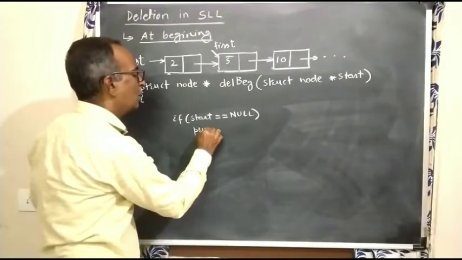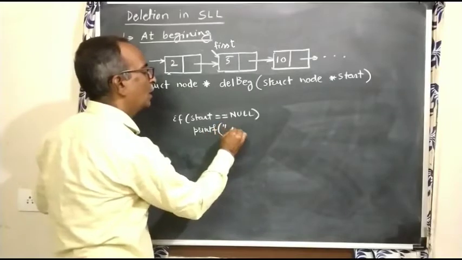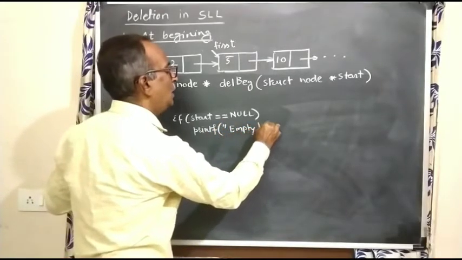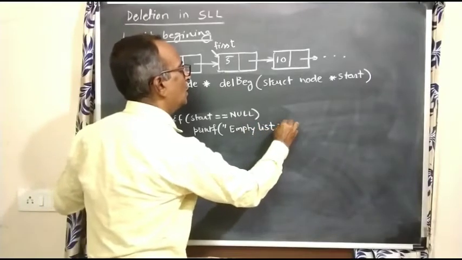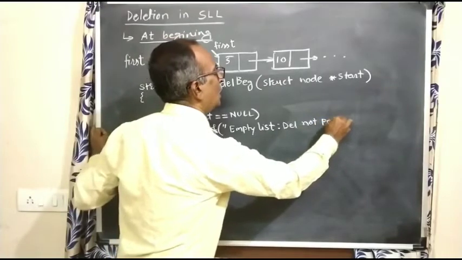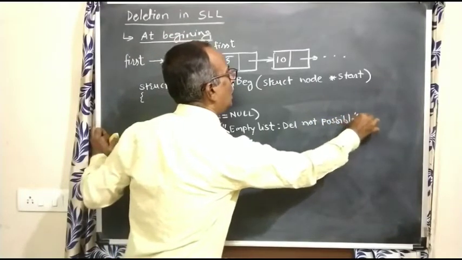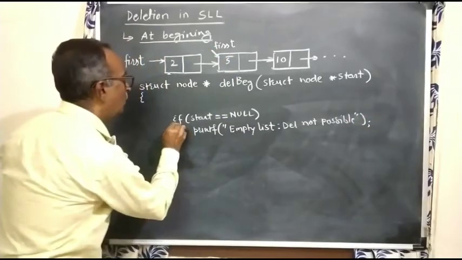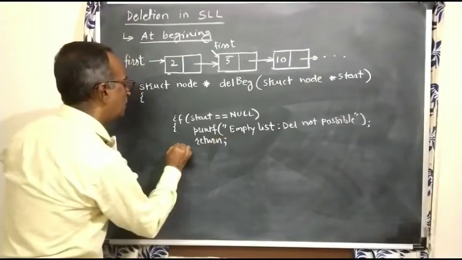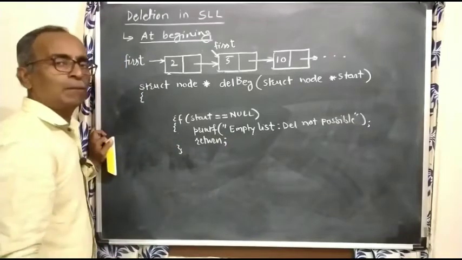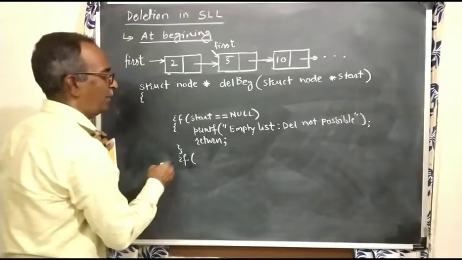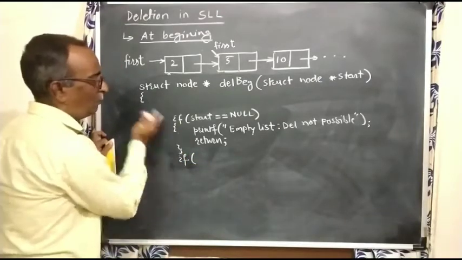If null, what will we do? We'll say printf empty list, deletion not possible. We will write this and then return from here. Deletion is not possible. Then what condition are we checking? If this is not the case, it will return from here itself.